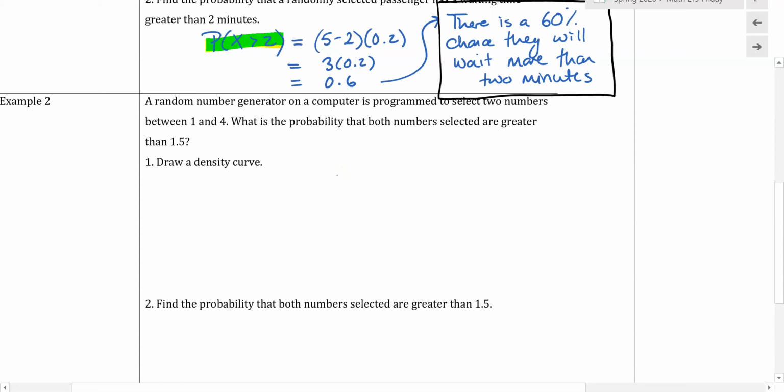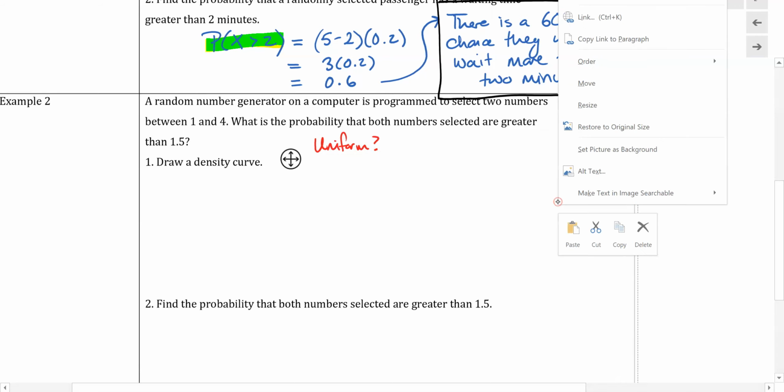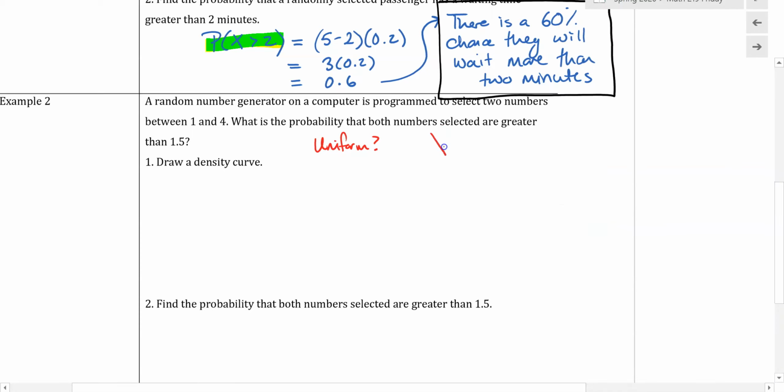I guess we again want to wrap our heads around, is this considered uniform? So would this be a uniform distribution? We'd have to first say, well, what is the random variable we're talking about? I think x could be the number randomly generated.